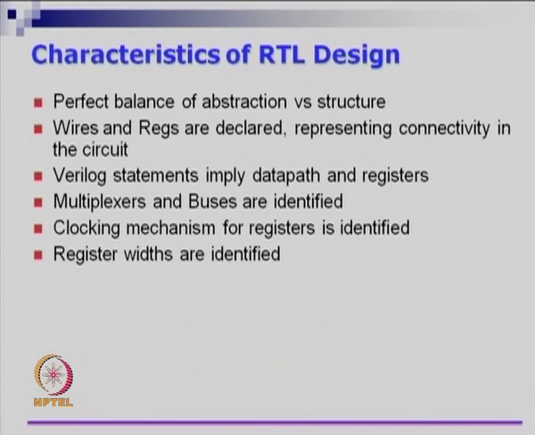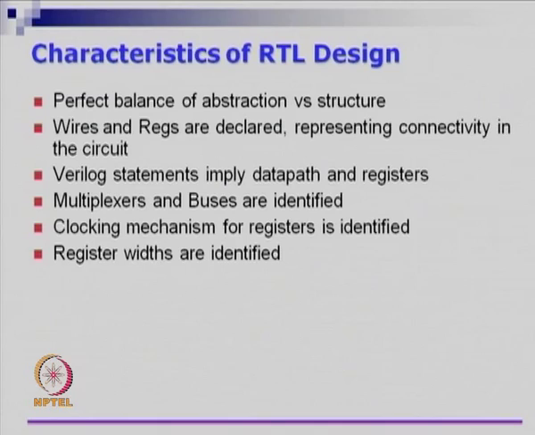What we do in RTL design is declare the wires and regs so that we know all the connectivities that we need, and we have Verilog statements that imply the data path elements and the registers. We also identify all the multiplexers and buses that are needed. Even in the GCD example, if you remember, we had 2 multiplexers to choose where the inputs are supposed to come from. We decided on a clocking mechanism and we also identified the register width.